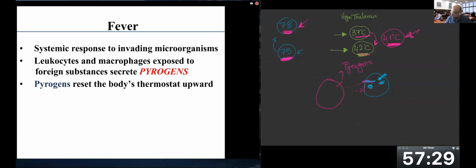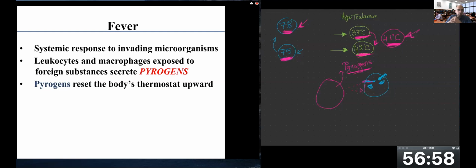So rather than sending out the signals at 37 for you to reduce the temperature when it goes up, you won't send the signals out to the sweat glands until you get to 42. All right. So this is how I do induce fever in response to the infection.